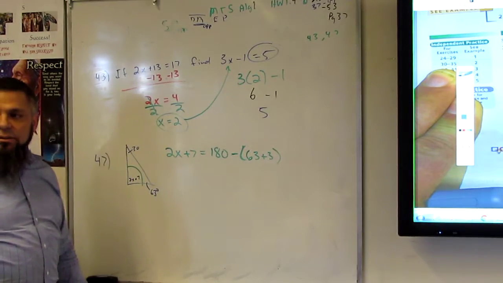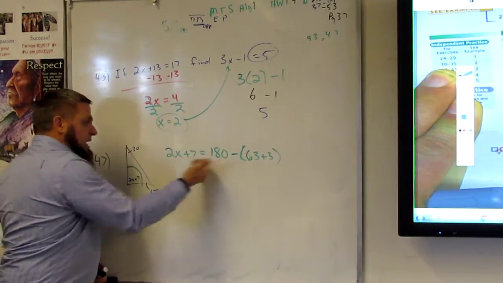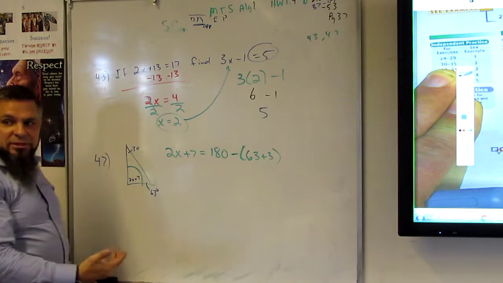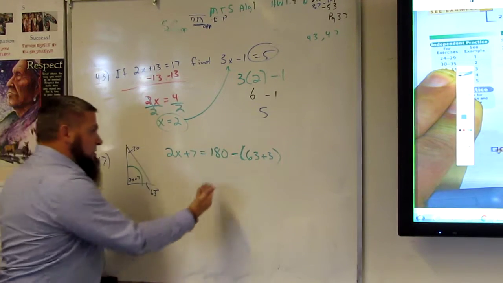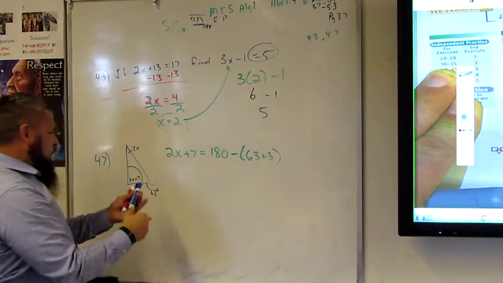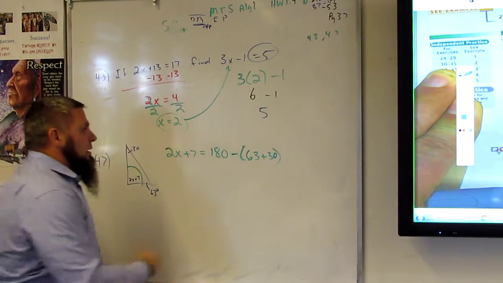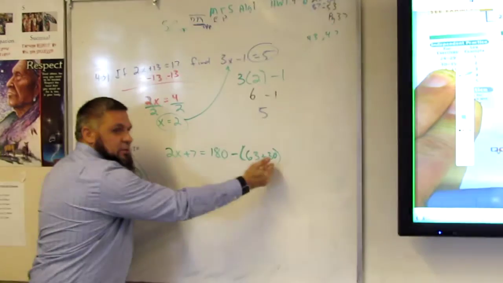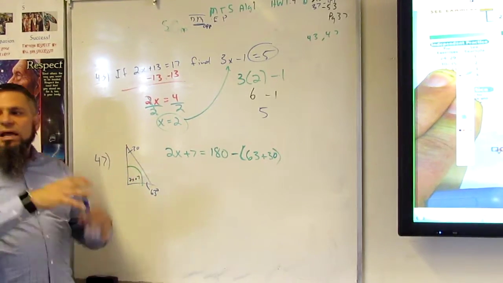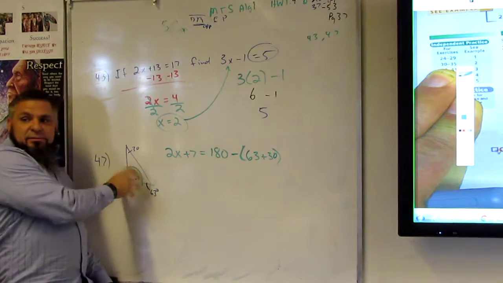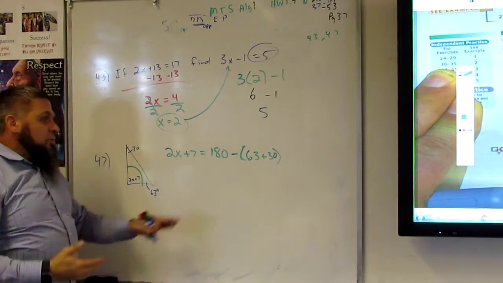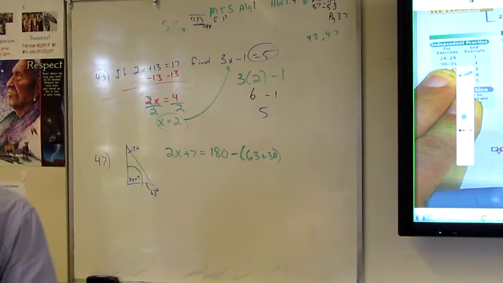Which is what's left, right? Does that make sense? Oops, I put in a 3. That's not good. This is 30. Okay, the two angles they give us, subtract from 180. That leaves us what this angle is. So what is 63 and 30? 93.